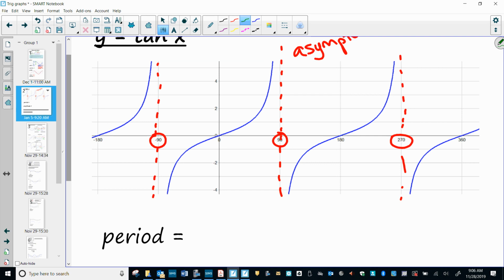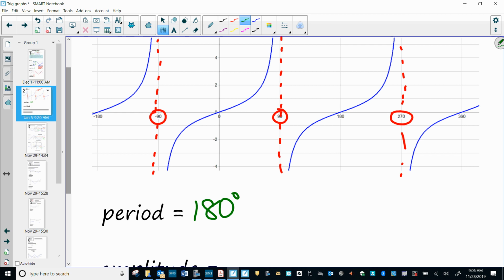Because the asymptotes repeat every 180, the period of this graph is 180 degrees. So you measure by the asymptotes and not by the actual line.